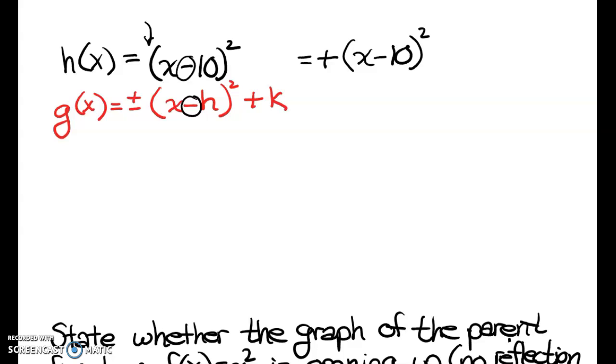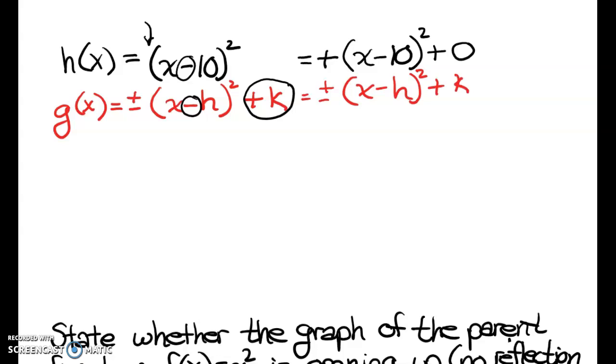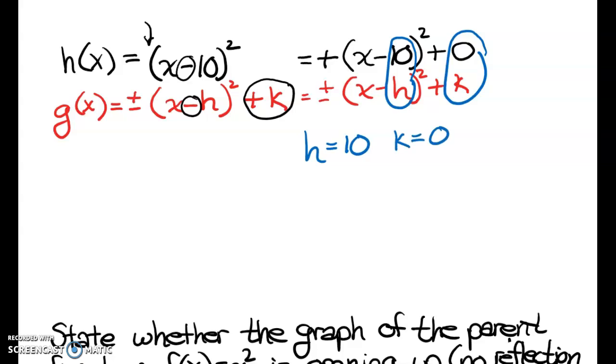The only thing I'm missing is my k value. So since I don't have it, I'm adding 0. So now if I compare this to my generic equation, I can see that h is 10 and that k is 0.